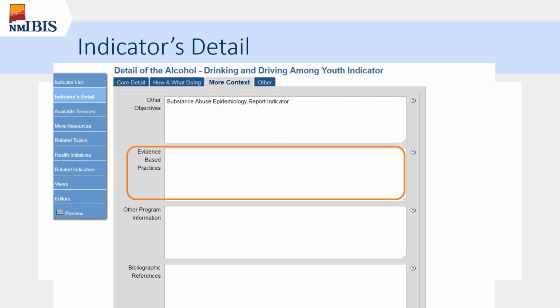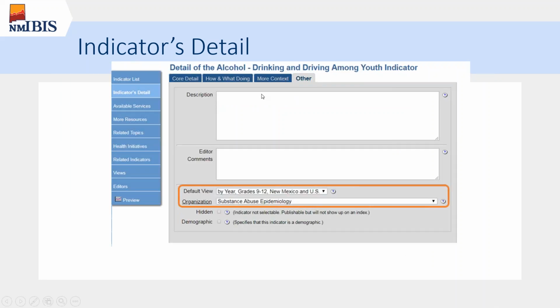That's one important reason that we have subject matter experts like you in charge of the content for these reports, because you know what the public health communications are that are important to get out to the public, and you would have the best idea of what evidence-based practices might be effective in improving the health status for this indicator.